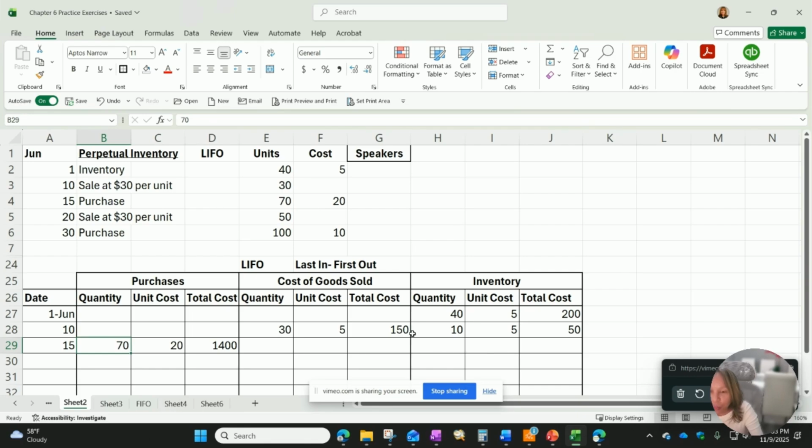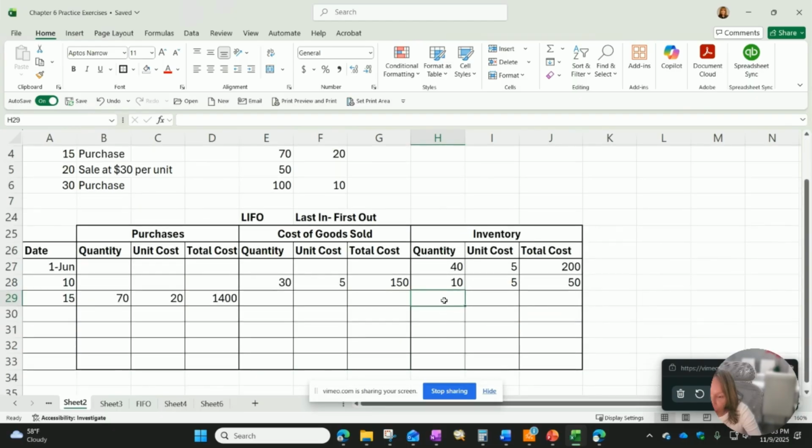Now let's update the inventory. Like I said before, the inventory has to be updated continually. The ending inventory is now 80. 10 plus 70, that's 80. However, we have 10 speakers at $5 and 70 at $20, and therefore we cannot put them together because the cost of them is different.